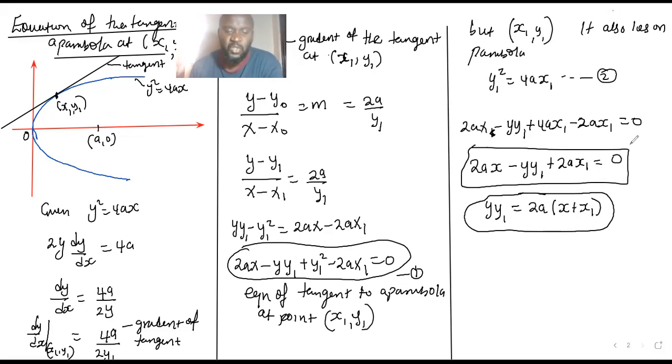So they can ask you to show the following. Even they can ask you to show the second one.